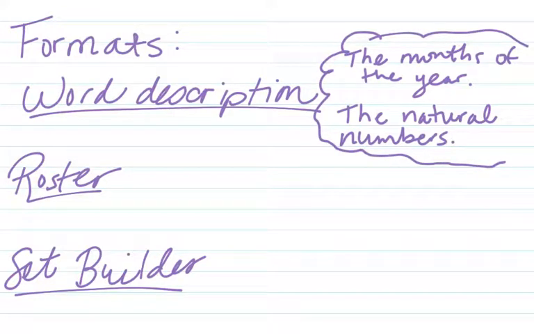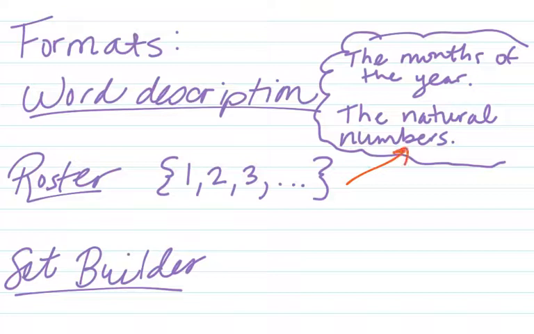The next form is called roster form, and it's when you just list the elements of the set inside a pair of braces or brackets. So, for example, if I were to say 1, 2, 3, ... This is a roster form of showing the natural numbers.